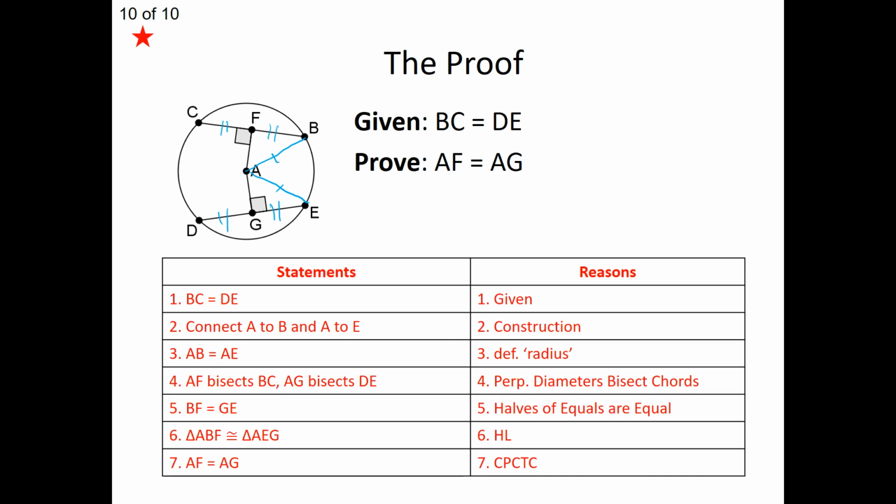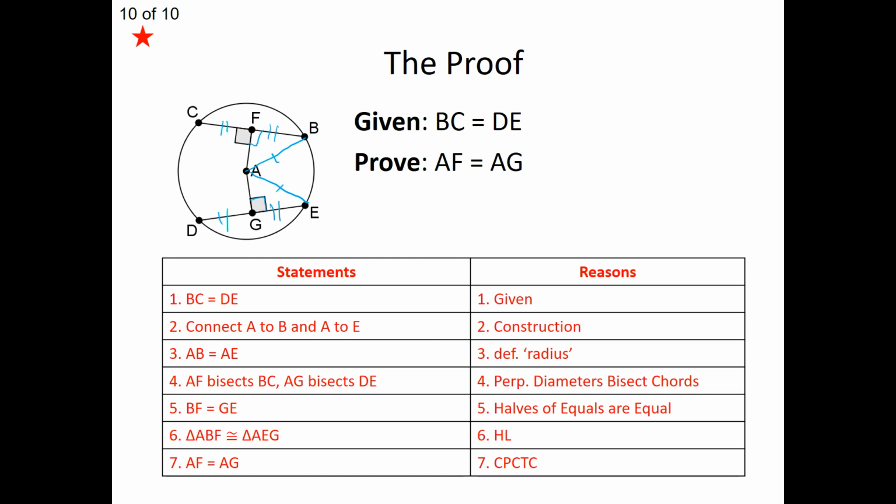But more specifically, I really just want to claim one set of those sides we know to be equal, and that's specifically BF and GE. The reason I claim both of those is because those are part of the triangles that I'm trying to build to be congruent. What that means for us is we have two pairs of equal sides, and the angle AFB is right because we're given they're perpendicular, and we already know that AGE is right, which means we have our special case of congruence one more time.